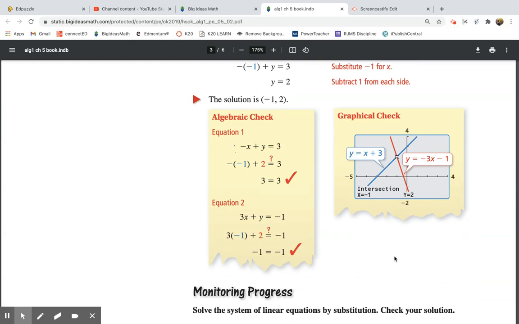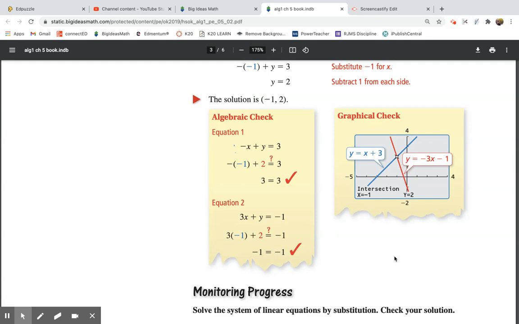You go to your y equals, clear anything out that you have in there, and type those two equations. Y1 equals x plus 3, and then in y2, put y equals -3x minus 1. Next, hit graph, and it'll pull them up on your graph.